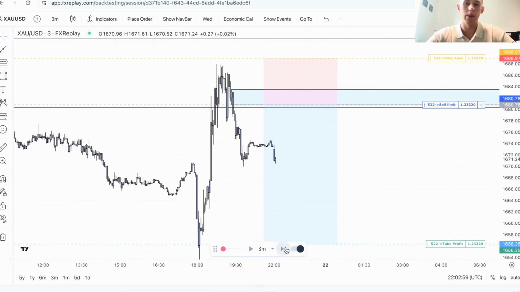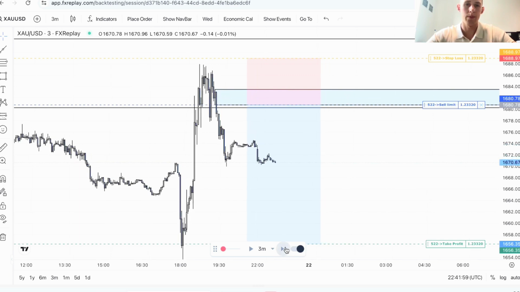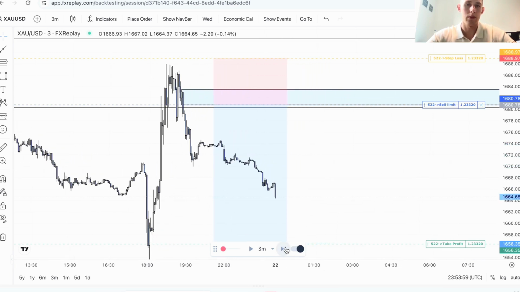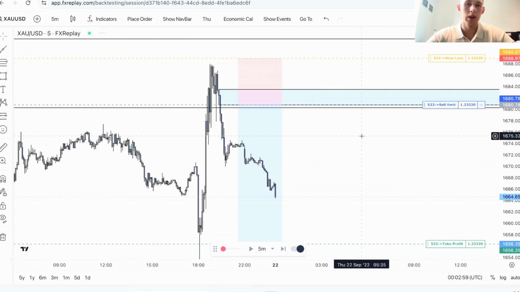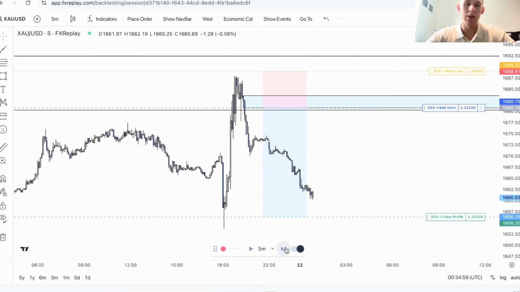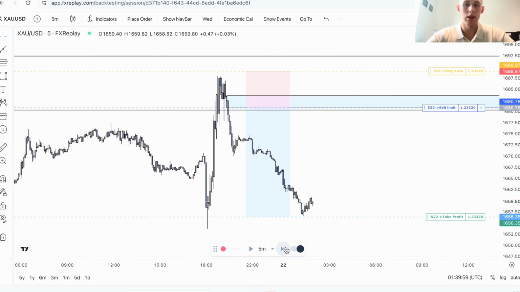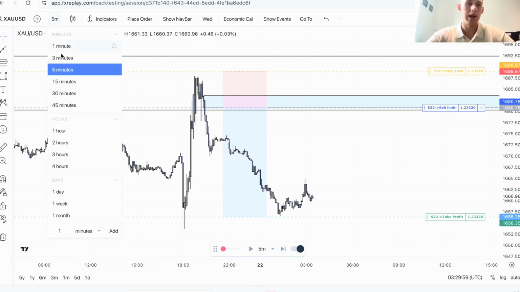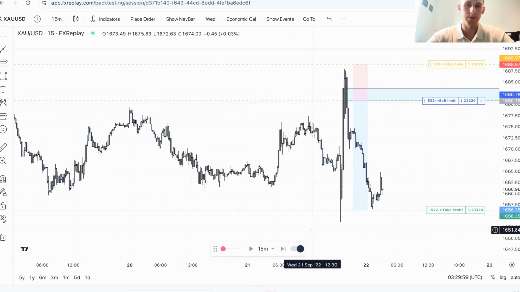See if it pulls back. Probably not. I'm going to keep that for now until it breaks the low. Play it on 15-minute as well.